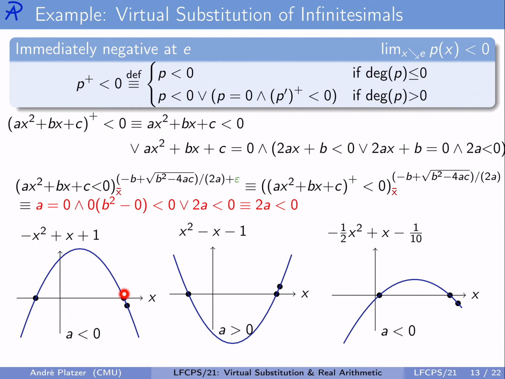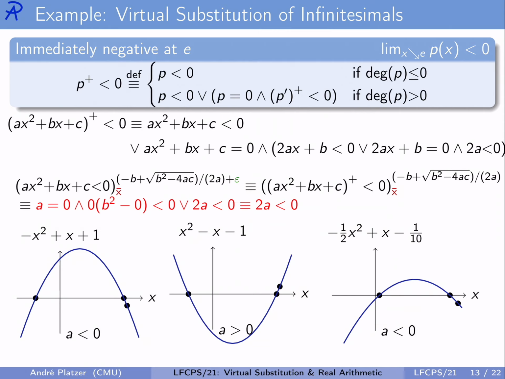And indeed, just right of the positive root, which we have plugged in here, it is negative. This is x squared minus x minus 1, so of this shape, where a is positive. So indeed, just right of the positive root will it not be negative, but just right of the negative square root will it have been negative. Just didn't compute that up here.